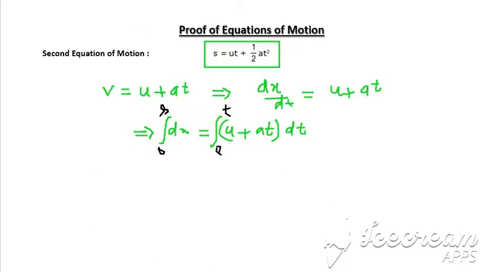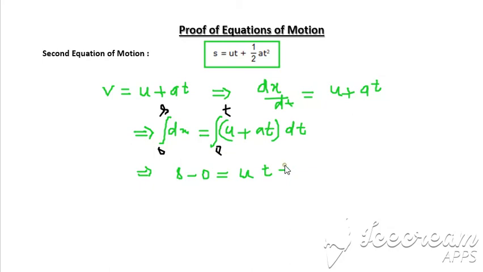If we carry out this integration, the left hand side will be s minus 0, and the right hand side integration will be distributive in nature, as we know. First will be integral of u dt. After integration, u stays as a constant outside, dt turns up as t, with the limits running.